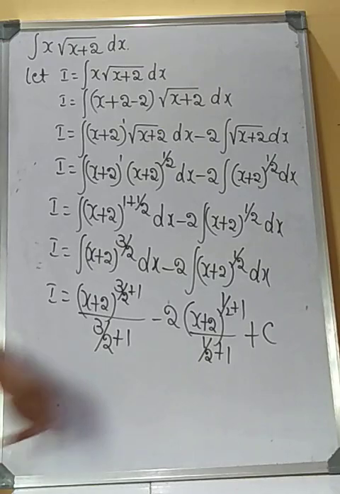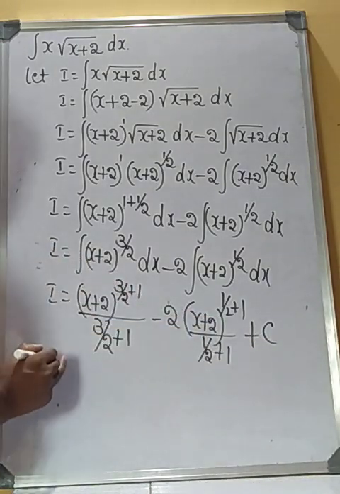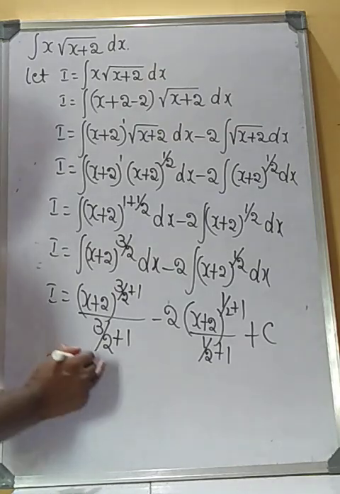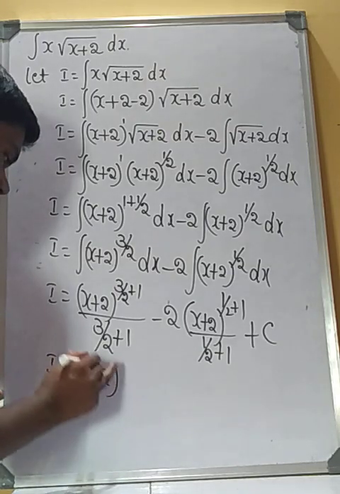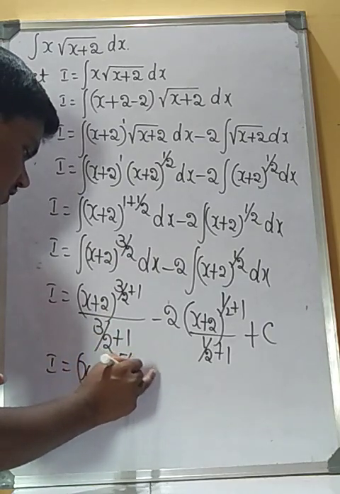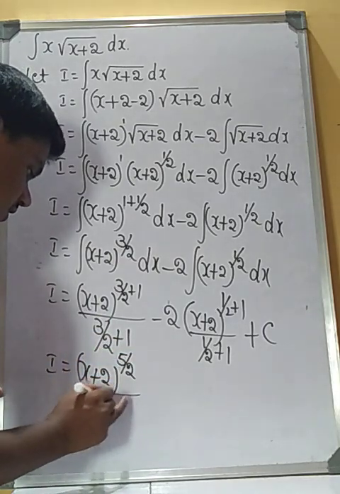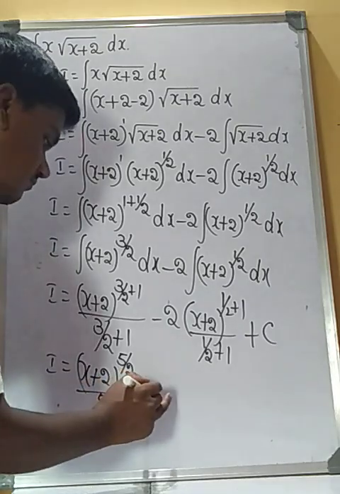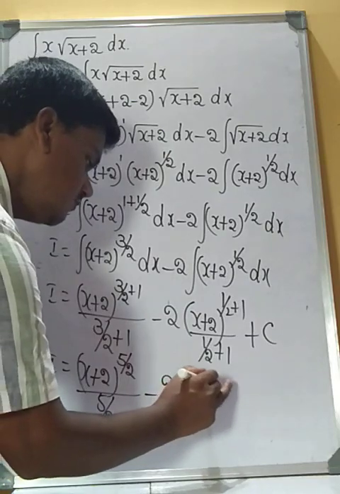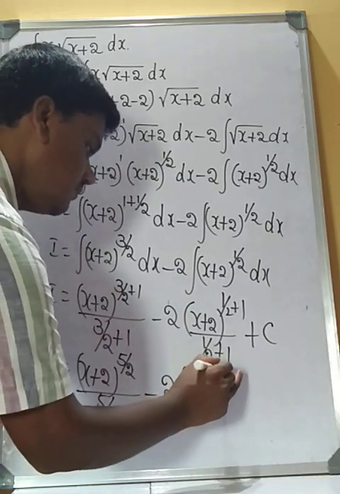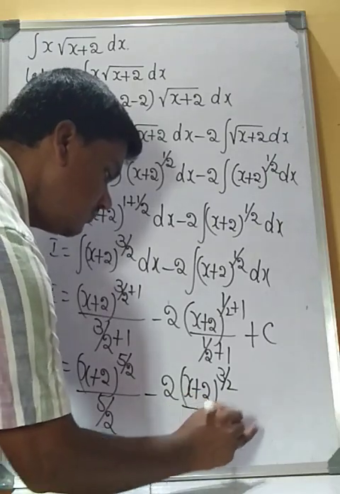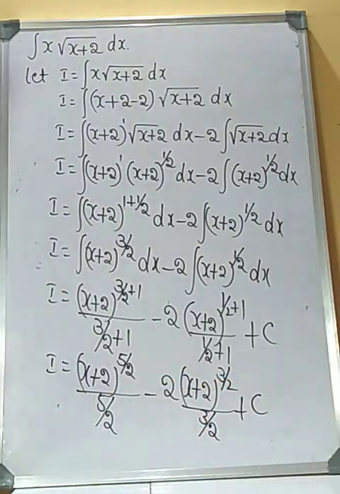Therefore, I is equal to x plus 2 whole power 5 by 2, divided by 5 by 2, minus 2 into x plus 2 whole power 3 by 2, divided by 3 by 2, plus c.